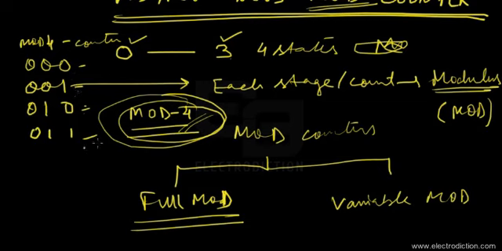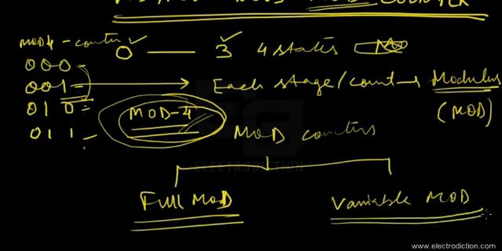If we design this counter so that it can count up to only 2 states, we're not utilizing all the 4 stages that it's capable of counting, we're just using a part of it. So here we can change the maximum number of stages up to which a counter can count. If we do that, the counter will be referred to as a variable mod counter.